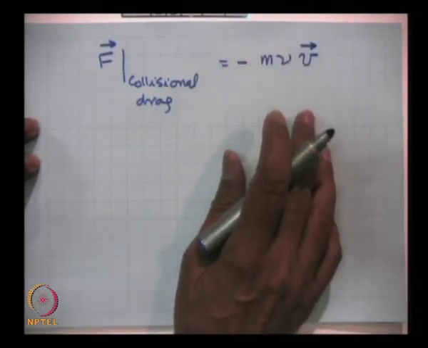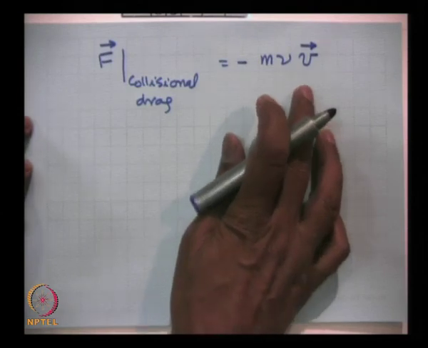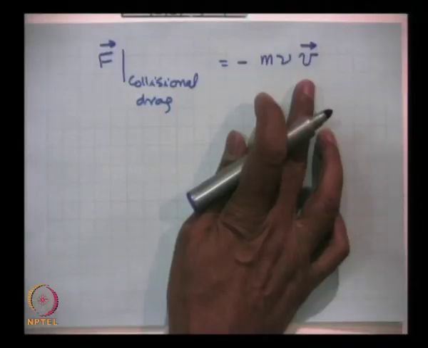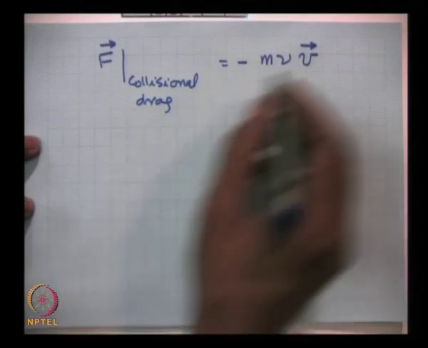This I have written assuming that the scatterer, the ion or neutral, is not moving. In case there is a drift of the scatterer particle, then this is modified.